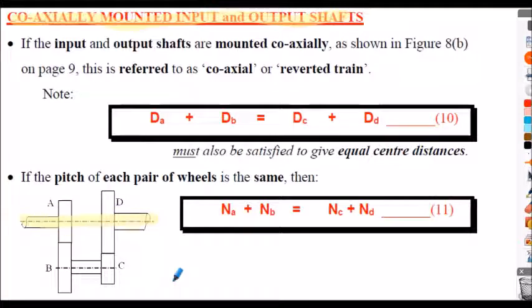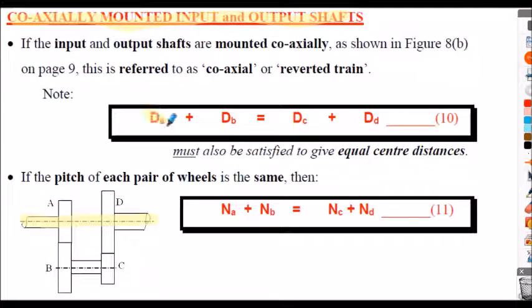Okay, so they don't have to be, but the gears we're going to look at now are all going to be of that format. Going back to the relationship we've considered, the radius of gear A added to the radius of gear B is the centre distance, and we can put that in terms of diameters. We can write a relationship in terms of diameters for a coaxially mounted gearbox arrangement.